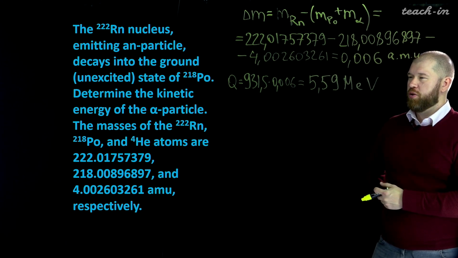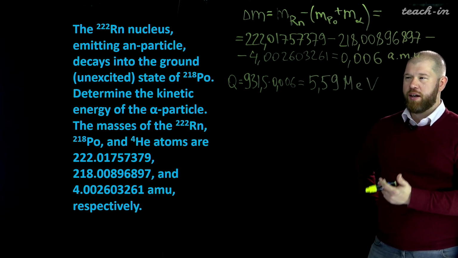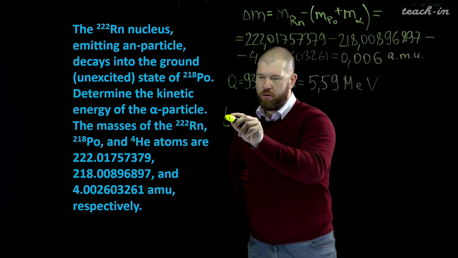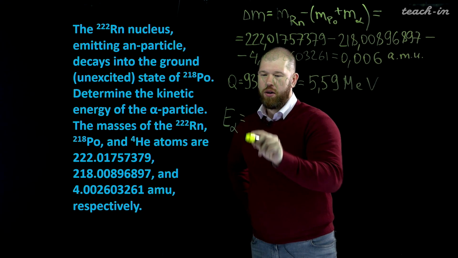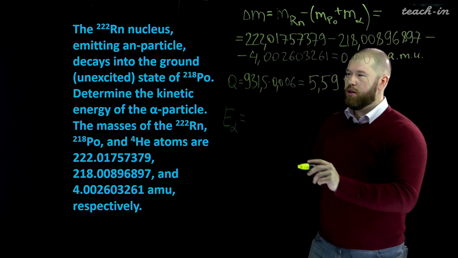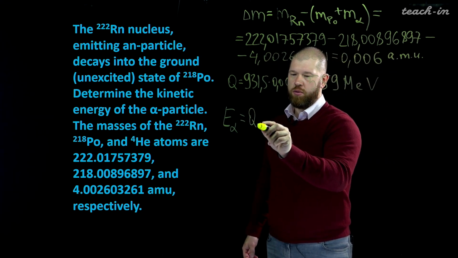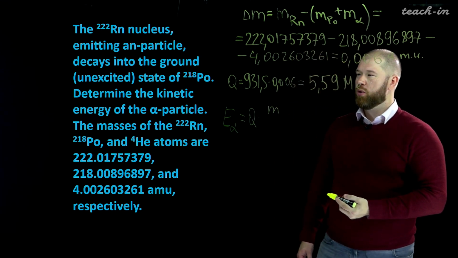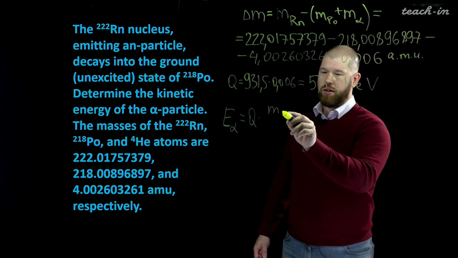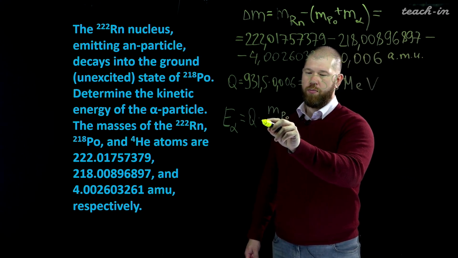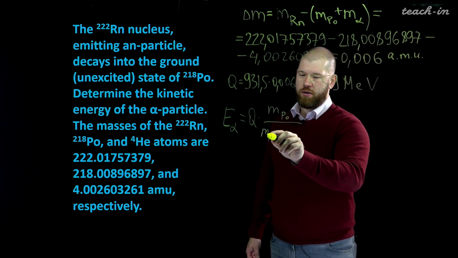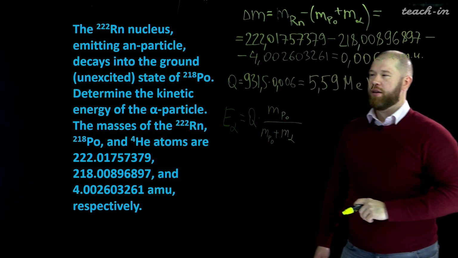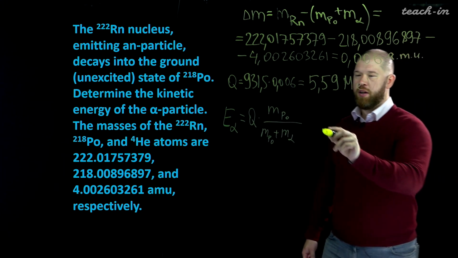But we should remember that it is not the energy of the alpha particle, because the energy of alpha particle that we just wrote, it is the Q multiplied by the mass of recoil nucleus, and in our case it is mass of polonium divided by mass of recoil nucleus, means polonium, and the mass of alpha particle.